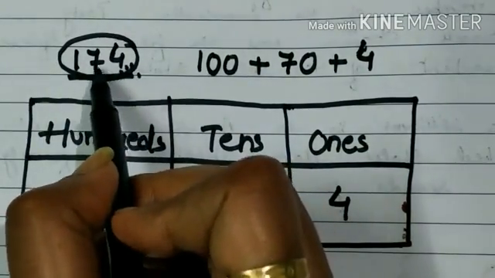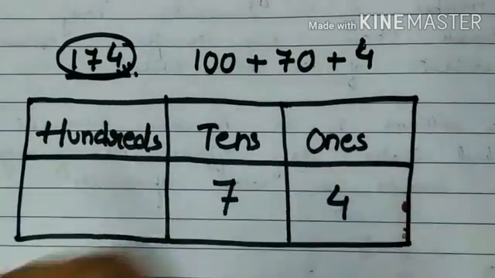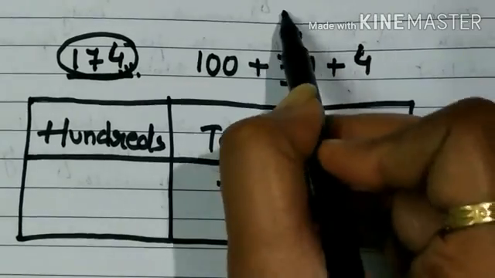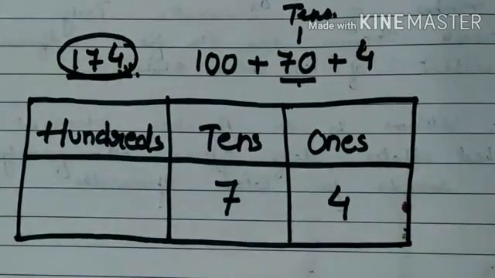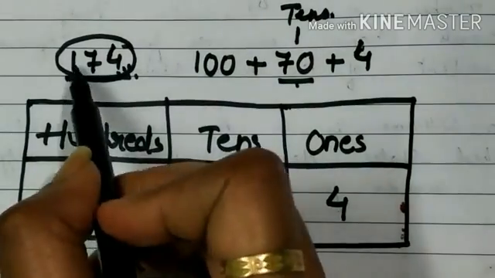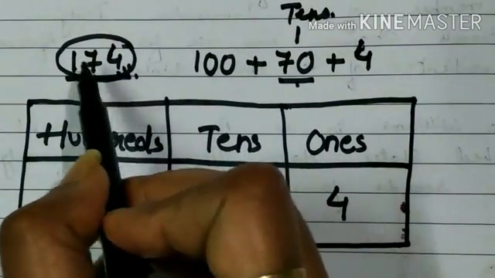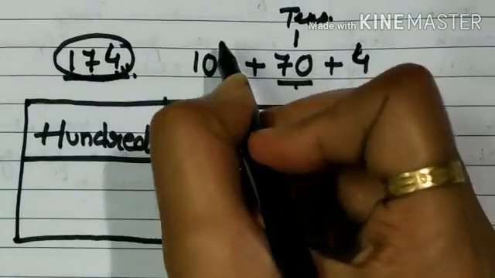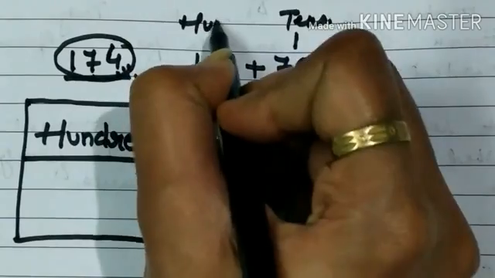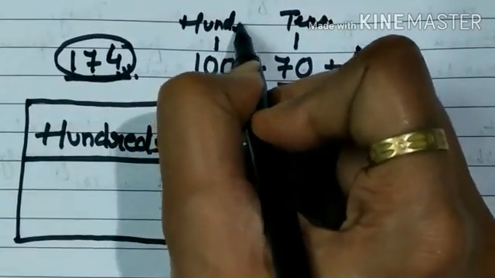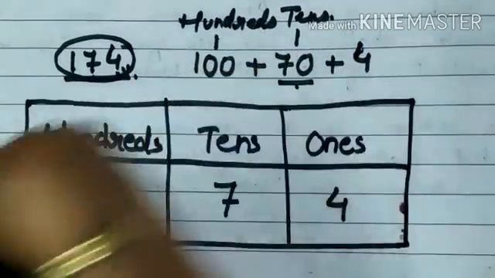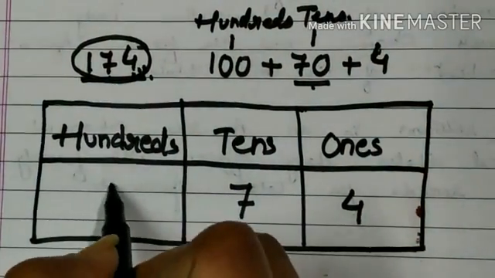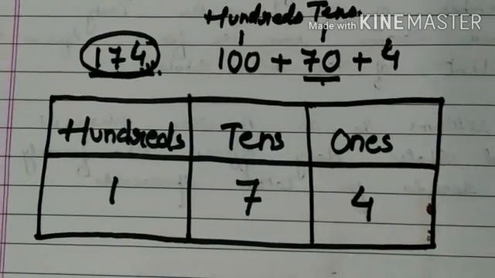One digit is there after 7, so we put a 0 and write 70. It is tens. We will place it in tens place. Now 2 zeros after 1. Why? Because there are two digits after it. So this is hundreds. Like this, we will put 1 in hundreds place.